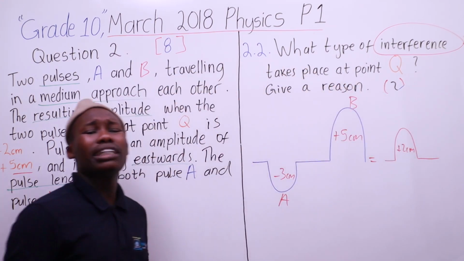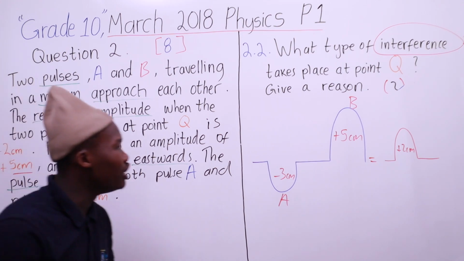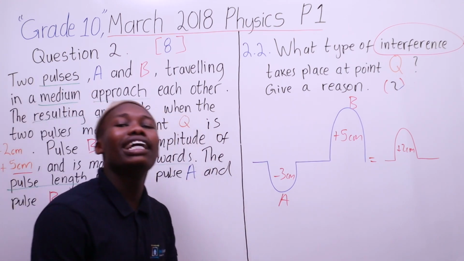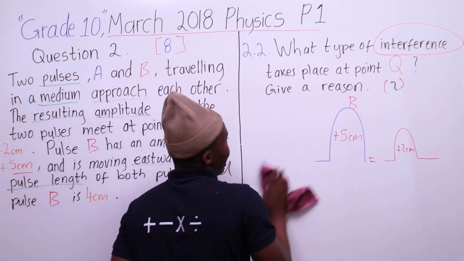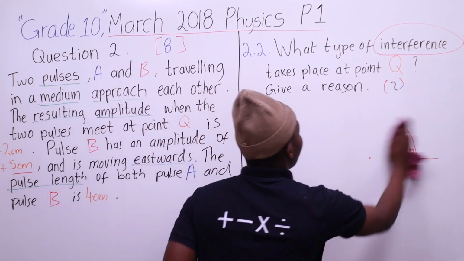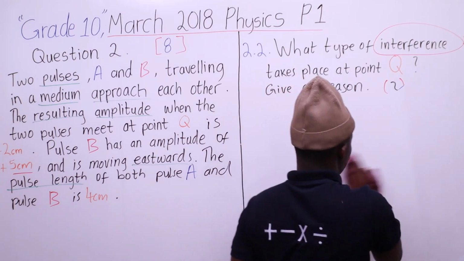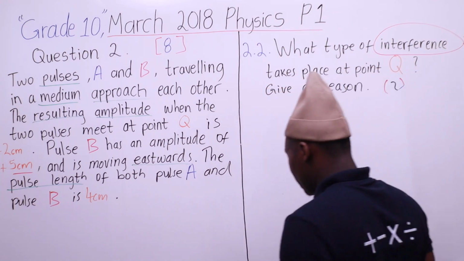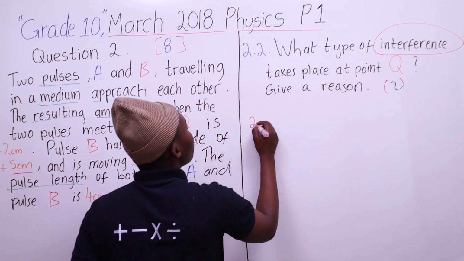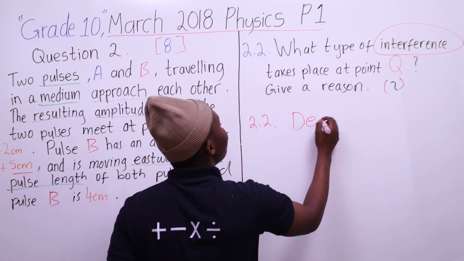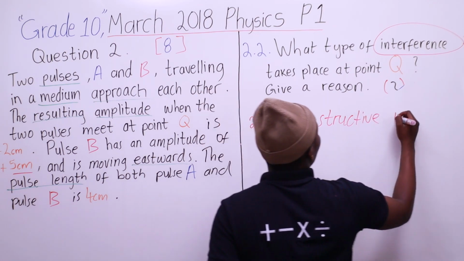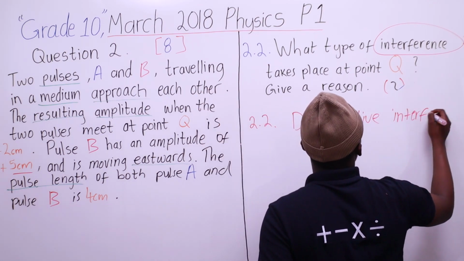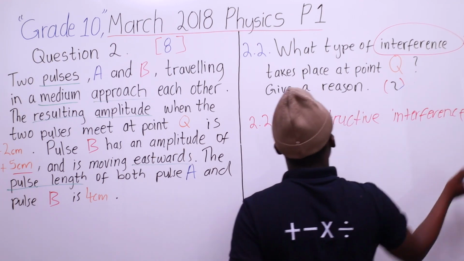All these diagrams I draw are just illustrations so that you understand better what I am saying. So let's put the answer now. So now we know what it looks like. So 2.2 answer: destructive interference.